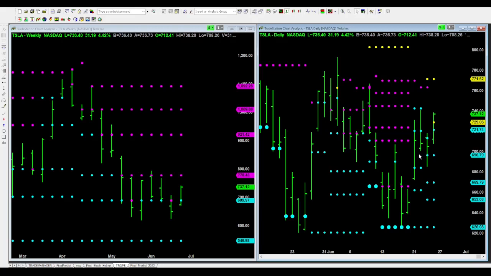So in the next week, the worst scenario for the minimum weekly low may go down to $696. The weekly high could at least go up to $771 or to $778.